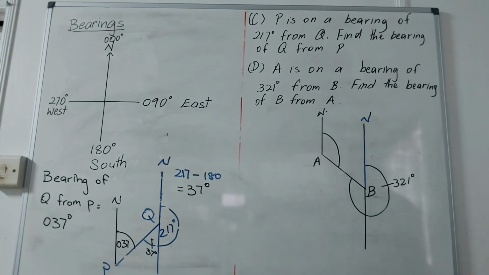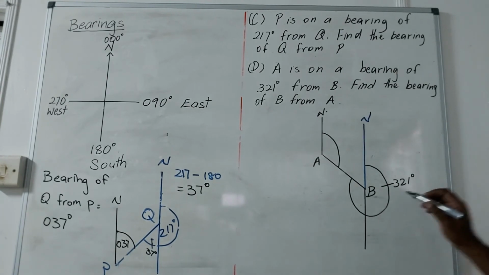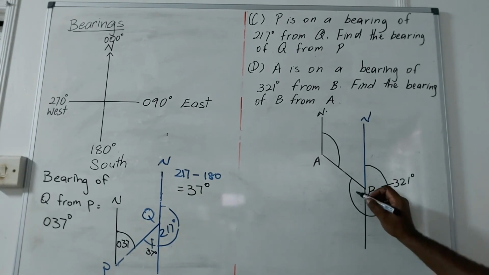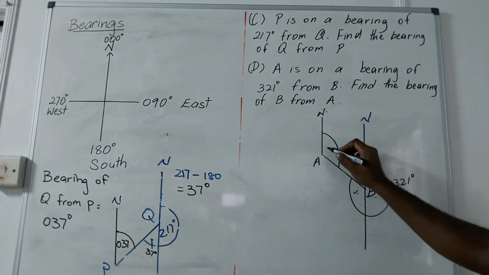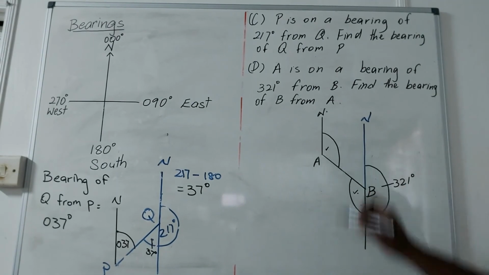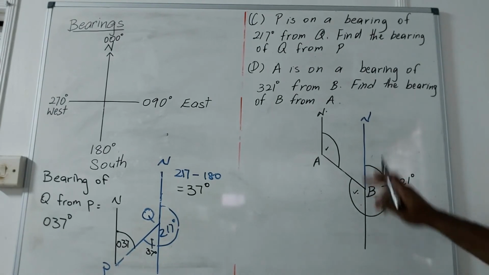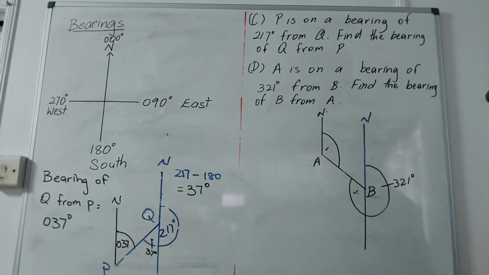To find what this angle is, all we need to do is subtract 180 from our 321. These two angles are equal since they are parallel and the transversal cuts them. The two angles are alternate or Z angles.